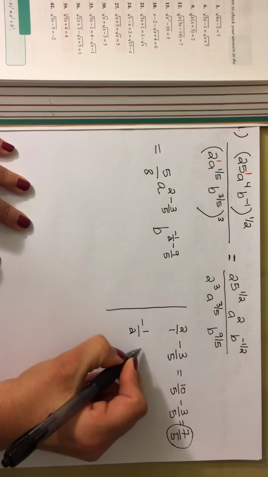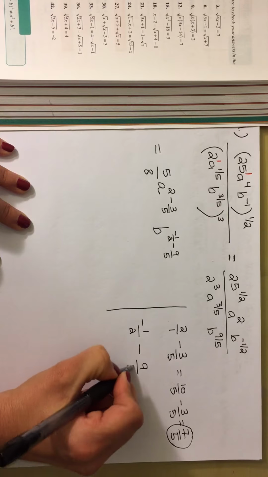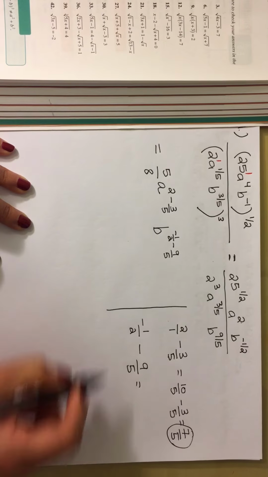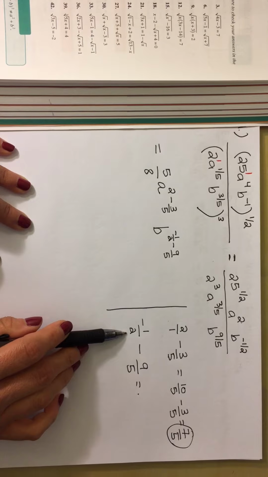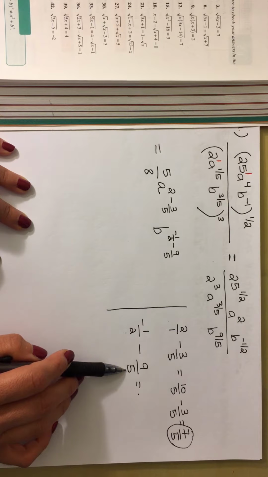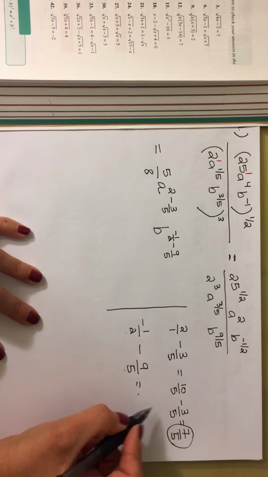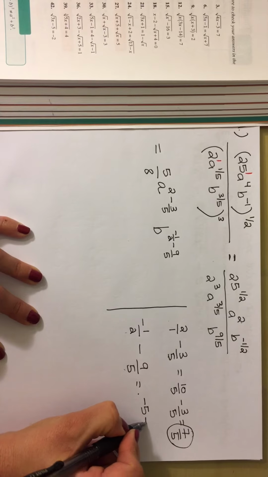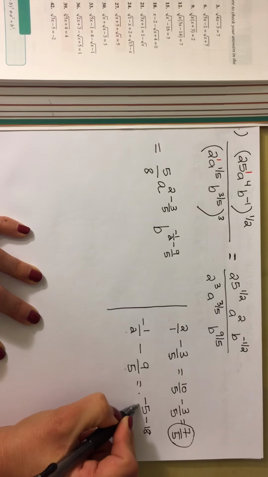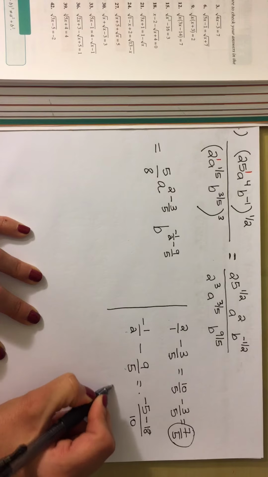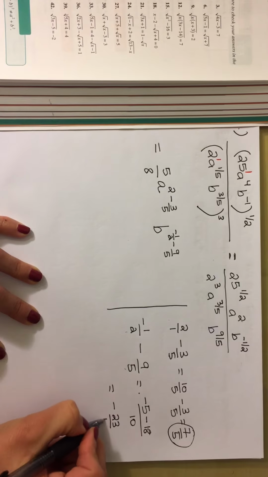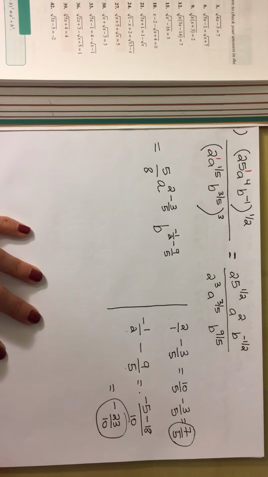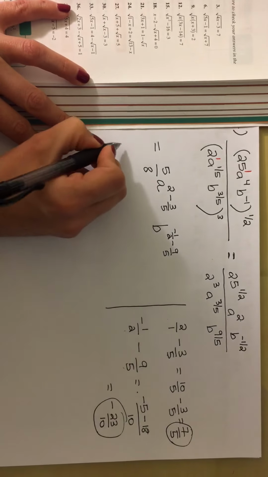Negative 1/2 minus 9/5. The common denominator between 2 and 5 is 10. And so we have to multiply the first fraction by 5, the second fraction by 2. And that's going to give us negative 5 minus 18/10. And if we calculate that, we're going to get negative 23/10.